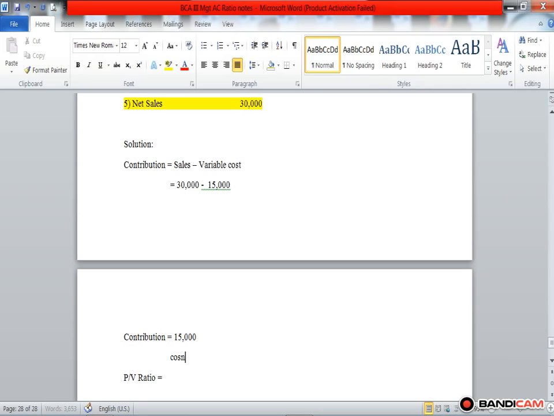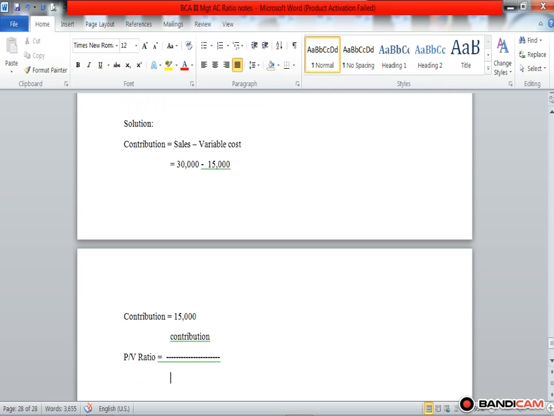So we have found the contribution, and sales is given: rupees 30,000. So put the figures in the formula.